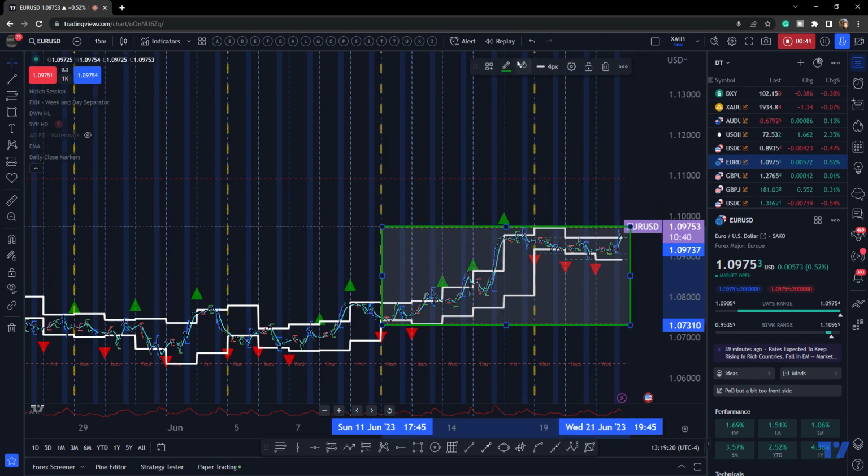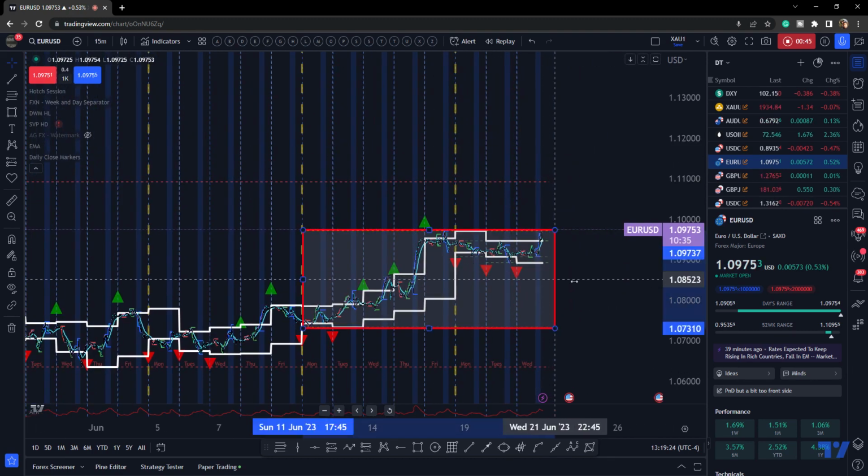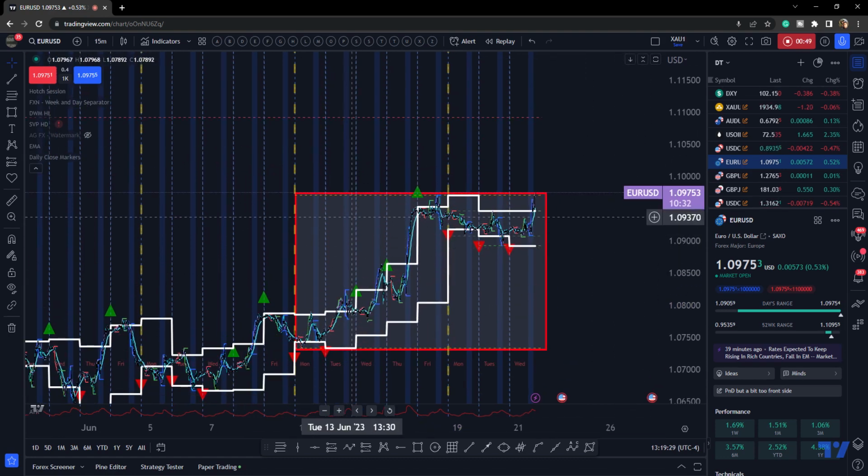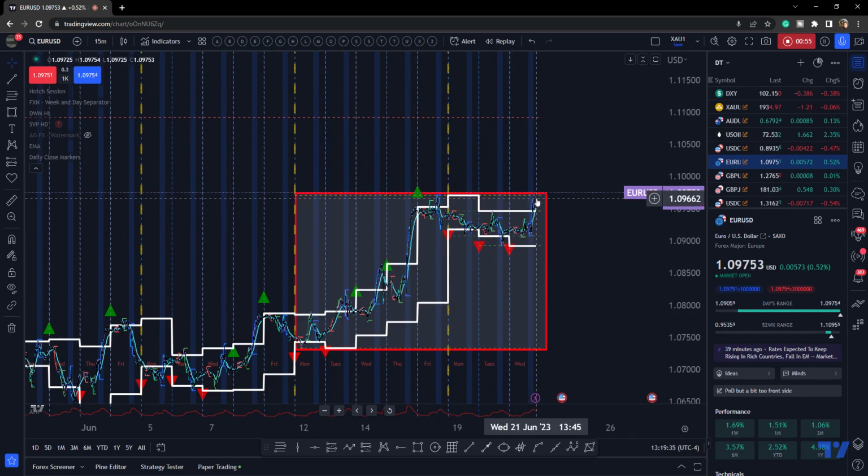I'm going to paint that red because I'm bearish. That is last week's range, and we're at the upper end of that range.